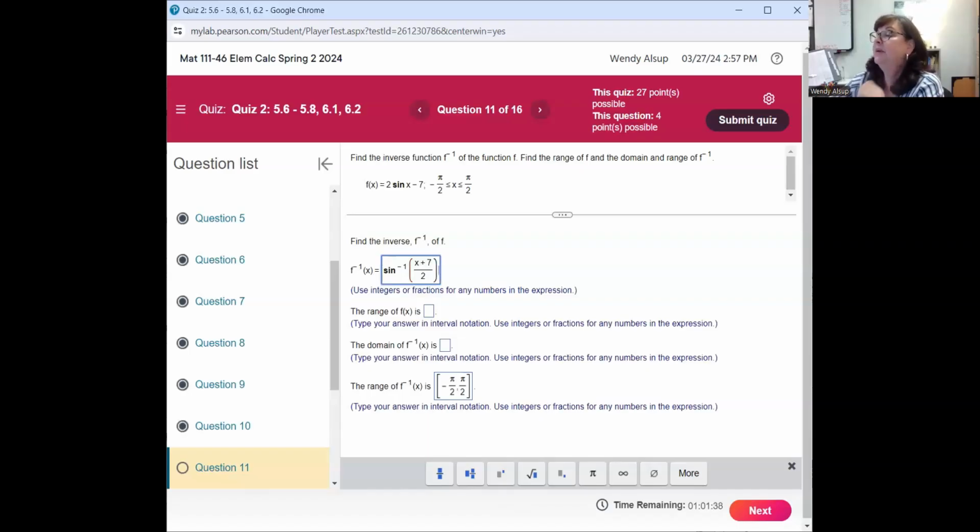Okay, so that's my inverse function of this original one. The range of the original we just found was -9 to -5. And therefore, the domain of the inverse is going to be -9 to -5.